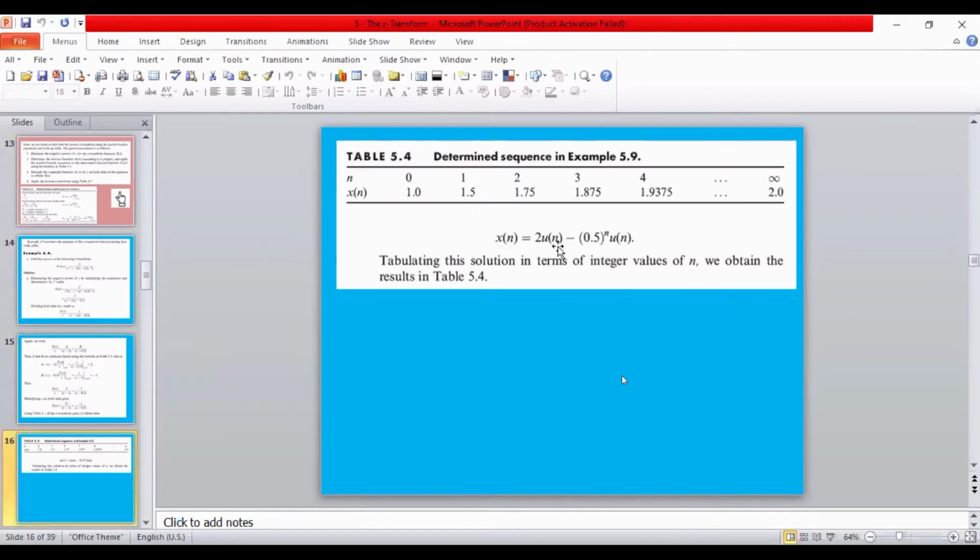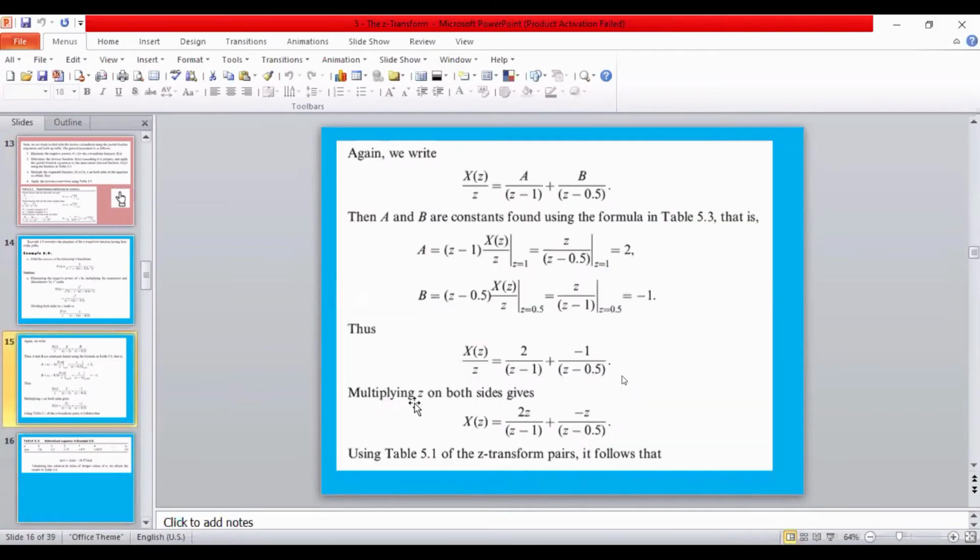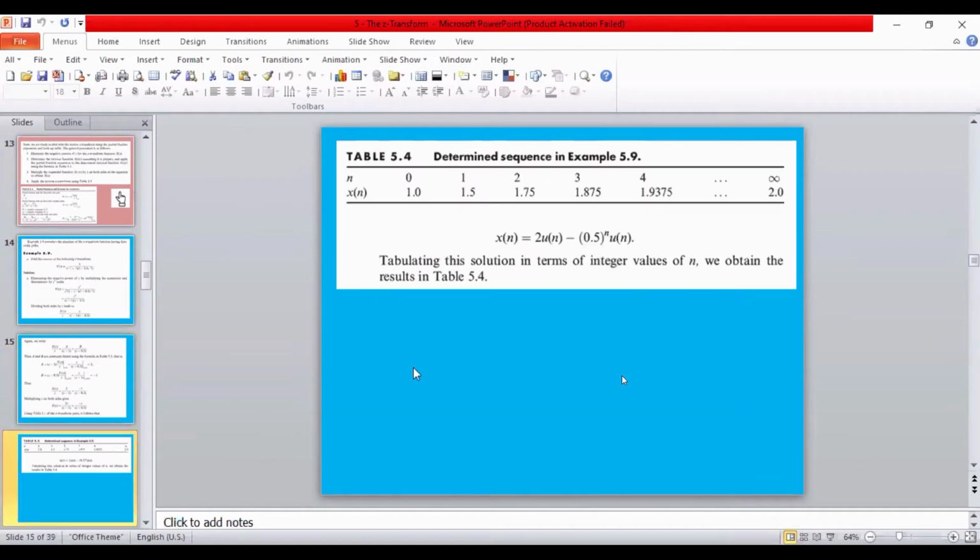Our unit step multiplied by 2, and this is exactly the same, only that instead of unit step we have an exponential function 0.5 raised to the power of n, right? Here. So our familiar terms already from the previous examples, and just to have it more fun, we have also a table. You can substitute particular values of n like 0, 1, 2 into the formula to get the output.